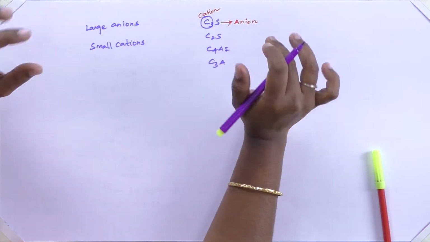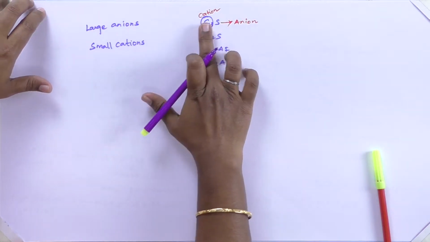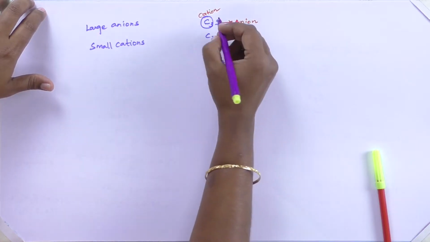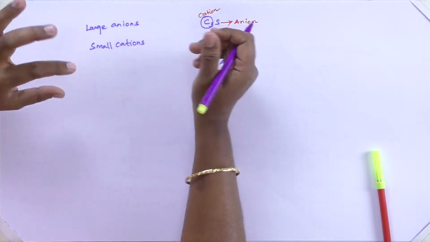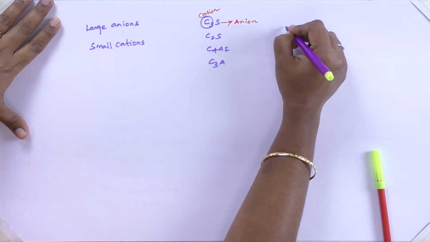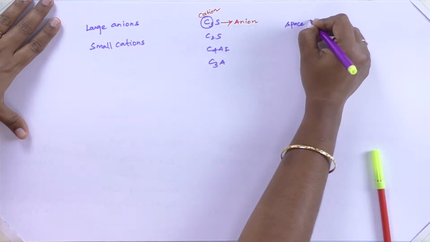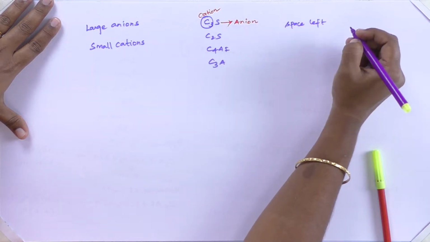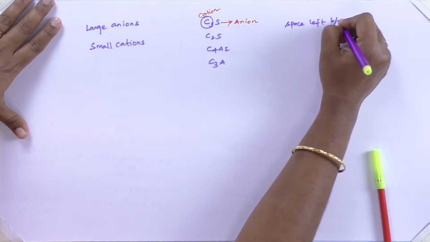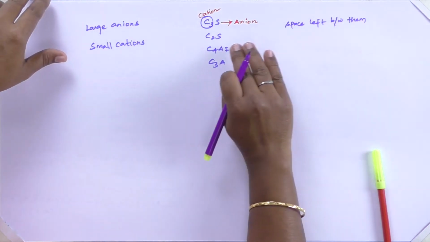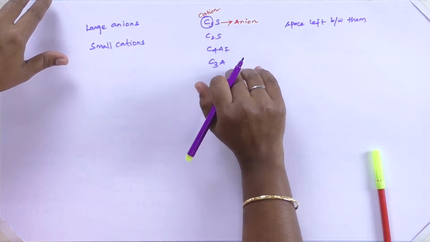We have seen it already. Now when these cations and anions are bonded together, there is some space left between them, which makes them unstable compounds.